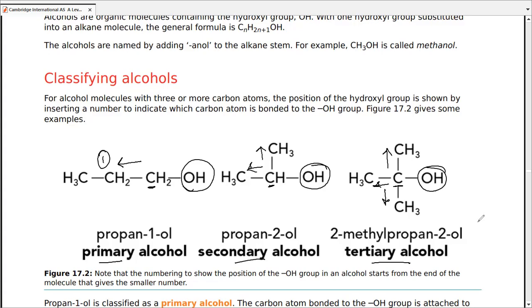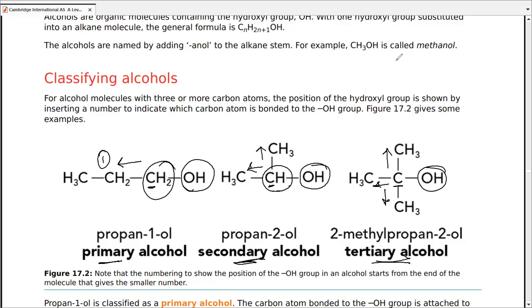Another way to tell the same thing: if OH is connected to a CH2, it's probably a primary alcohol. If OH is connected to a CH, it's probably a secondary alcohol. If OH is connected to a C, it's probably a tertiary alcohol. Now, if those are all alkyl chains, that's what we are going to go for. It can be something different than an alkyl chain, but you'll still call it a secondary alcohol group.